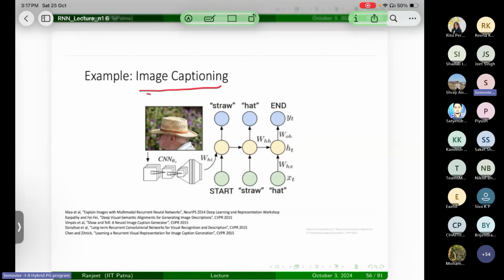So we apply CNN over the image, and then we get the features from the CNN, and those will be given to the RNN for the captioning task. Your RNN will give you the captions, like a description of the image.